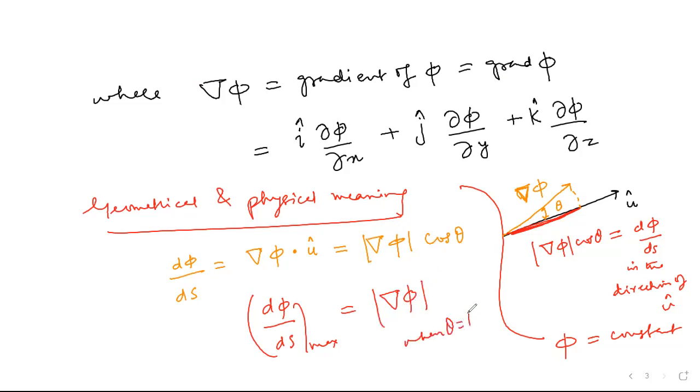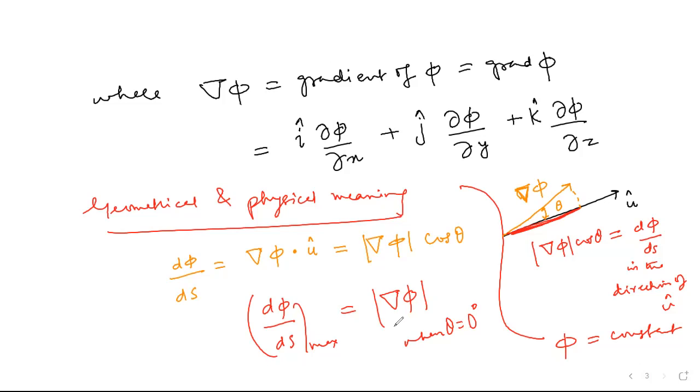So the largest value of the directional derivative is equal to the magnitude of the gradient of phi, and this is in the direction of theta 0.